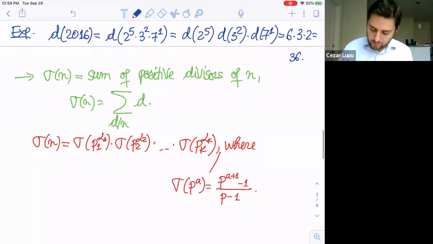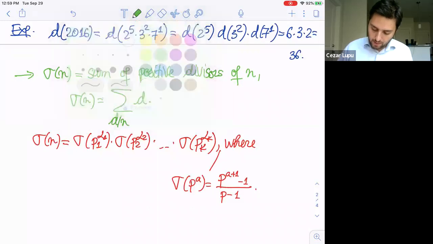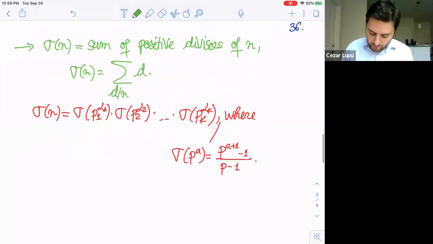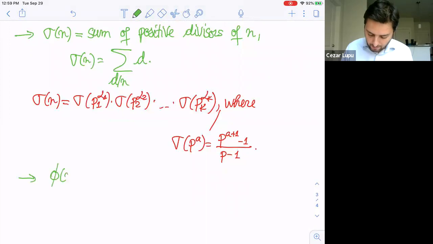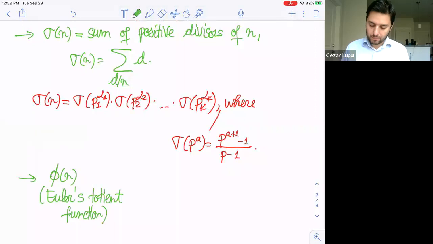And now another important one is what we call Euler's totient function. In fact, we'll be talking more about this.